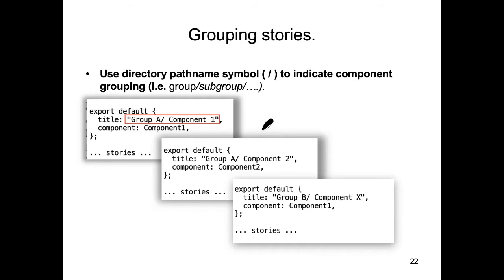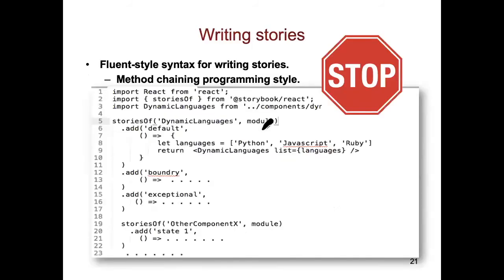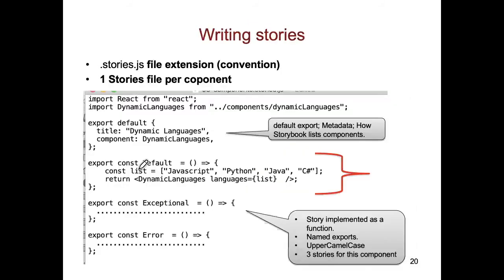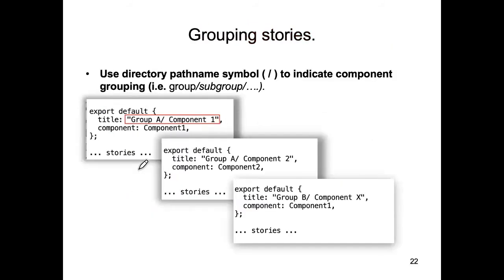Earlier on, I said that you can group your components into categories, so that if I just go back, you can get this kind of effect here. And the way you express that in your story implementations is what I'm getting at here. Turns out that in the title part of the metadata object that you create, you can see here I've got a category name followed by the component name, with a slash in between them.